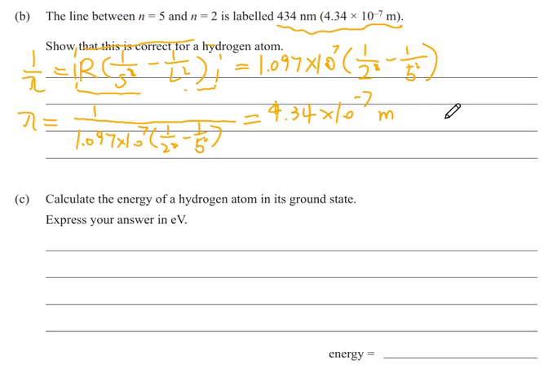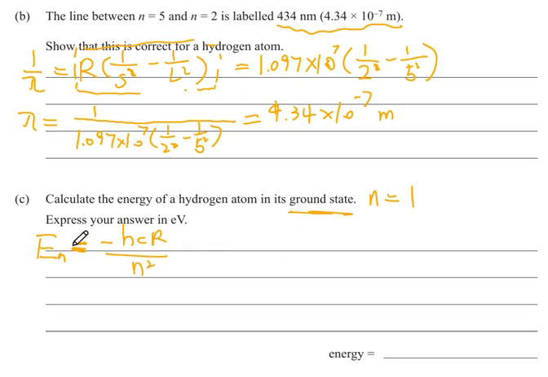Great. Now let's look at part C. Calculate the energy of the hydrogen atom in its ground level. For the ground level, we know that n is equal to 1. This time we can use this equation to calculate the concrete value of each energy level: negative hcR over n to the power of 2.